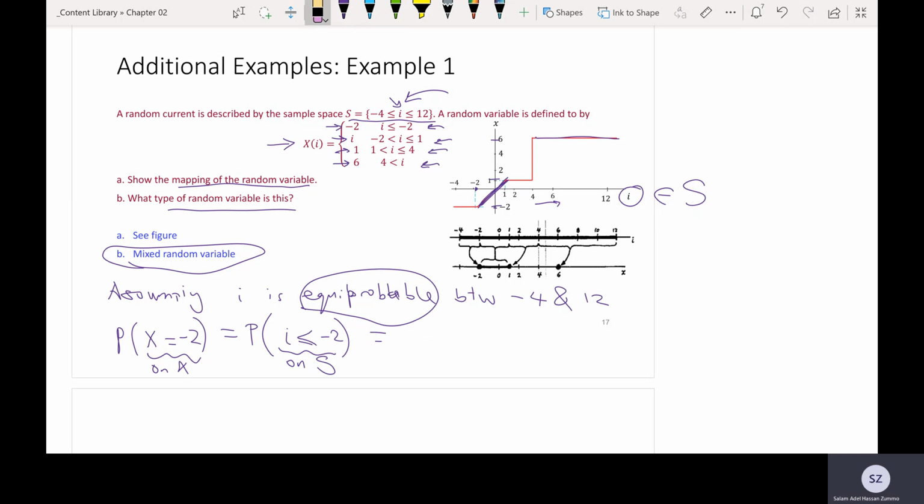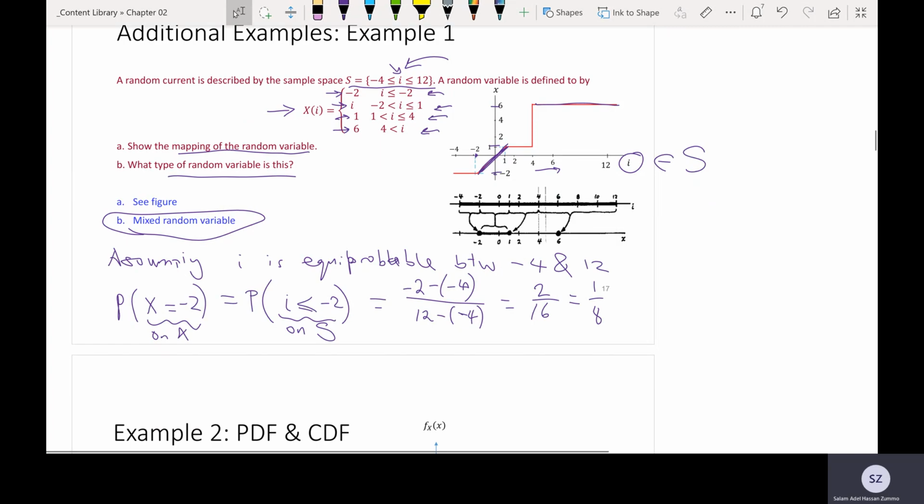Basically it's minus 2 minus minus 4, which is the width, divided by 12 minus minus 4, which is 2 divided by 16, which is 1 over 8. So the probability that x equals minus 2 is 1/8.